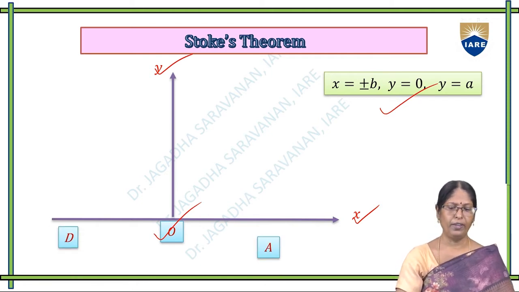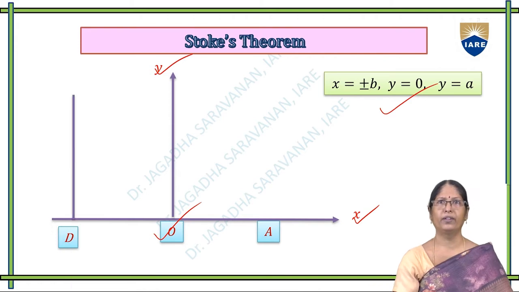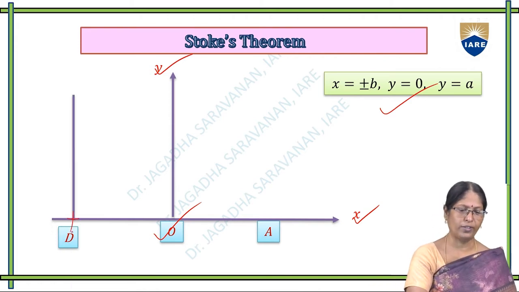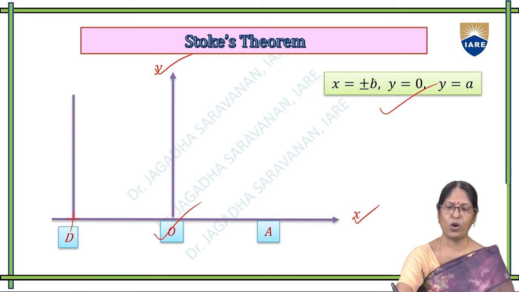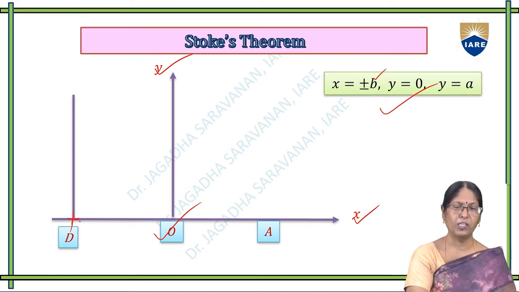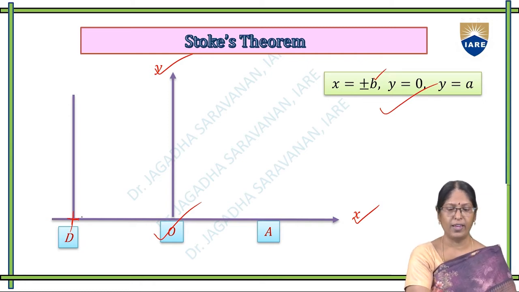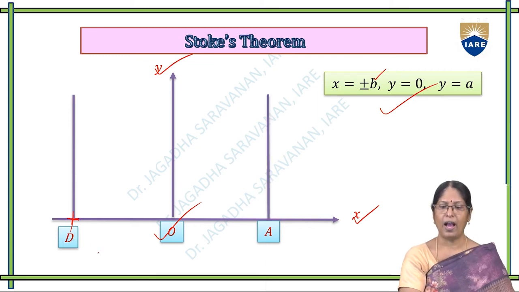We are marking points. There is a point on the x-axis in the negative direction, that point we know is minus b. That particular point, minus b, which lies on the x-axis on the negative side, we are naming as D, and there is a point B in the positive direction on the x-axis.